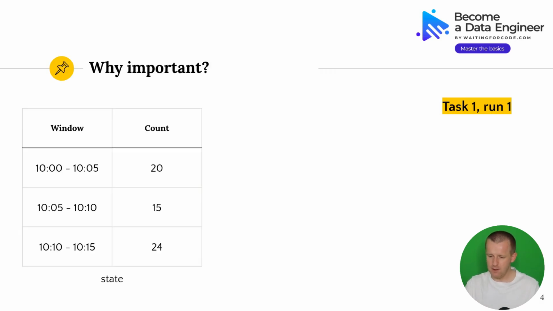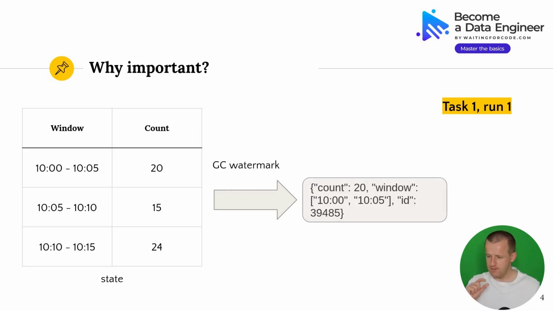Let's take an example. Here we have different time windows of 5 minutes with a counter. It's not a very challenging example for stateful processing, but if you implement the data emission part wrongly, you will have some issues. Here we can imagine that we have the GC watermark that triggers the result emission, and we write the count, the window range, and the window ID, which is a random number, to the database.